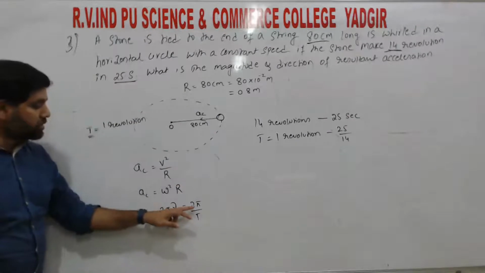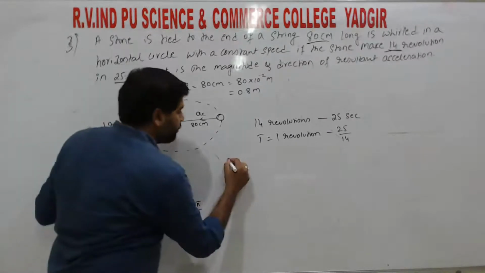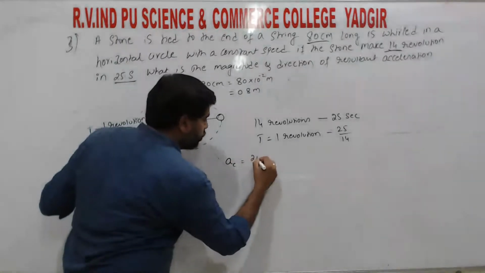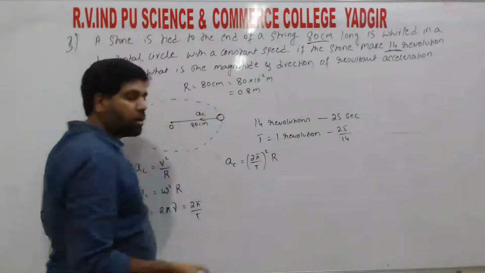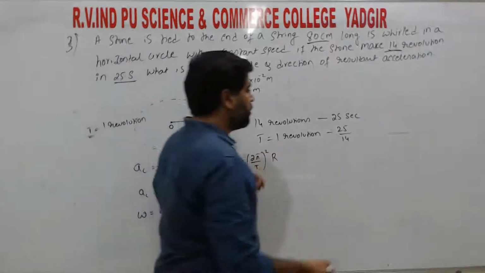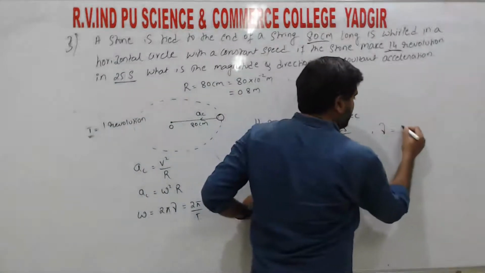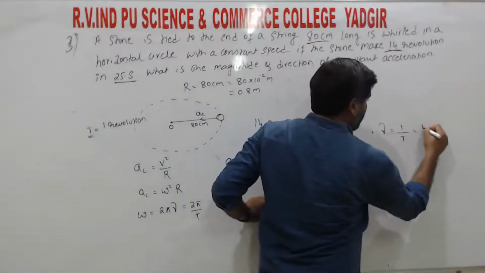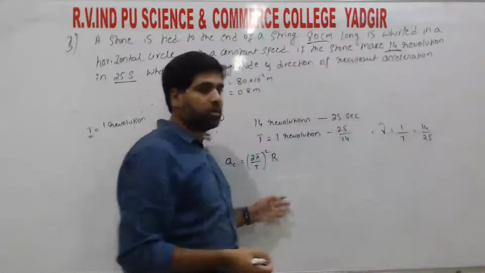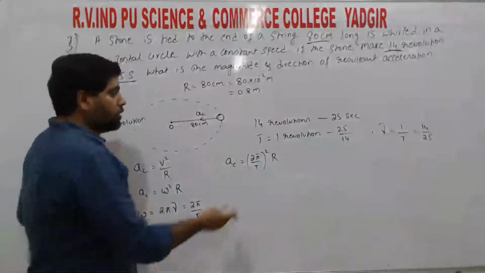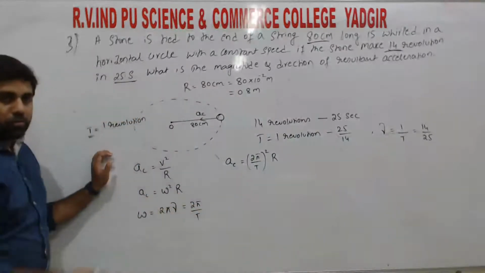Either we can substitute a_c is equal to 2 pi by T whole square into r, or we can convert this in terms of frequency, that is 1 divided by T, which becomes 14 divided by 25, that is revolutions per second. We can use any formula, right?